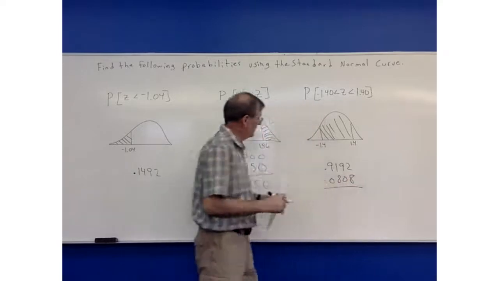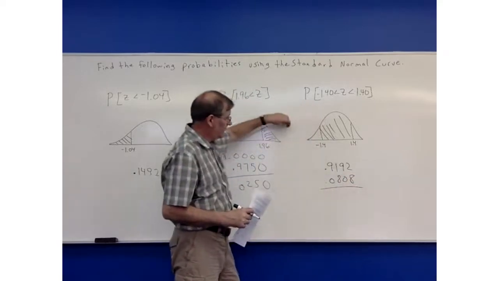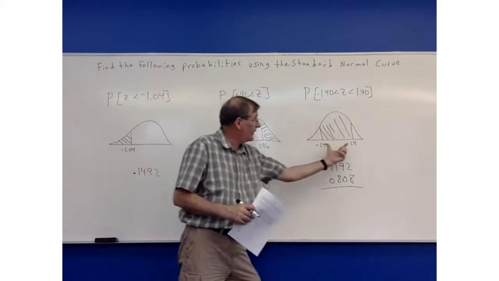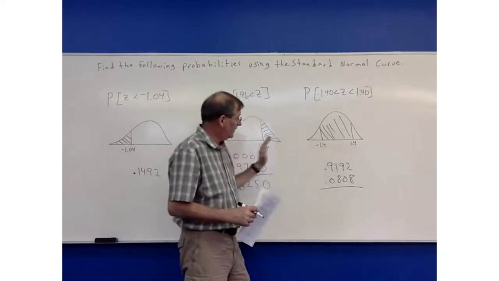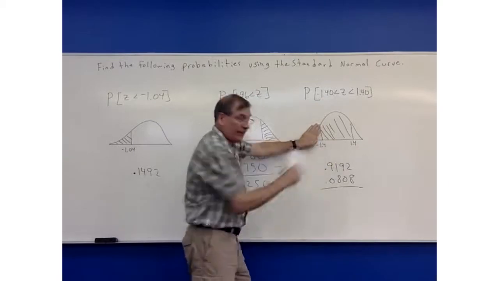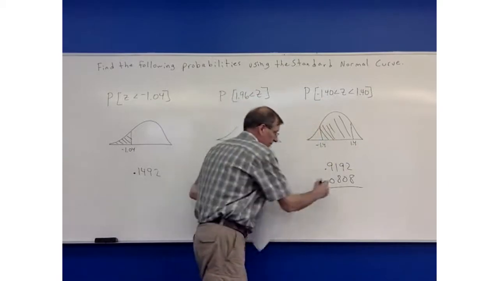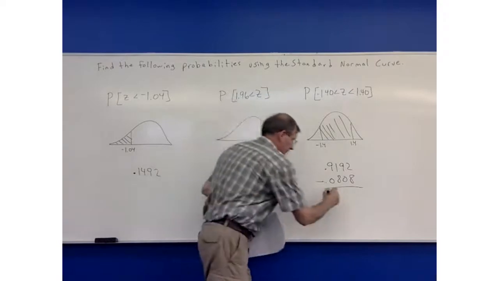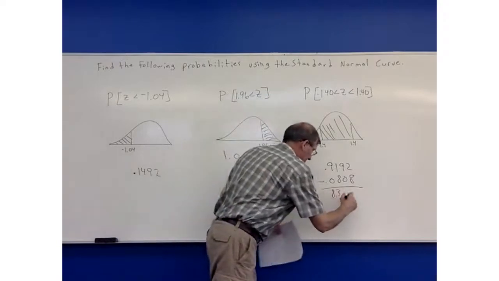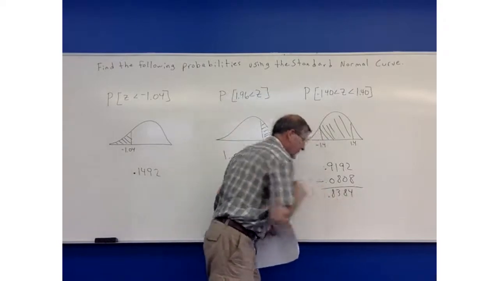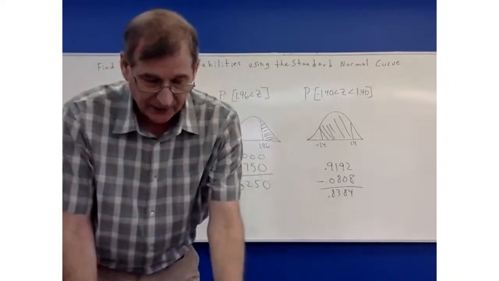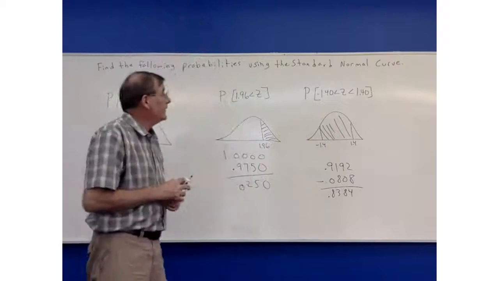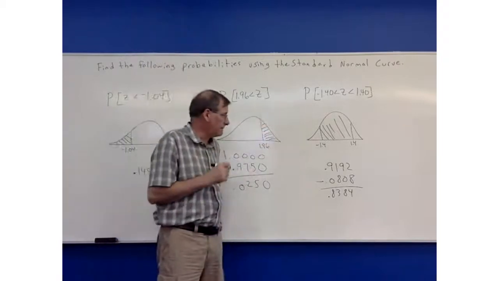That gives us the area from here over here. So how do we get the area between those two? We take the whole area, then subtract that away, and we'll be left with the shaded area. So we do a subtraction right here, 0.8384, and that's what you'll get. So you see, this is very much like finding the area under the curve, only it uses different symbology.